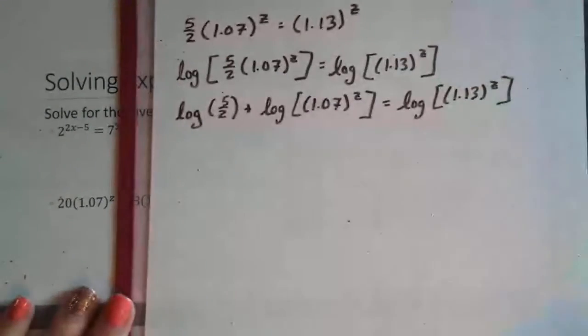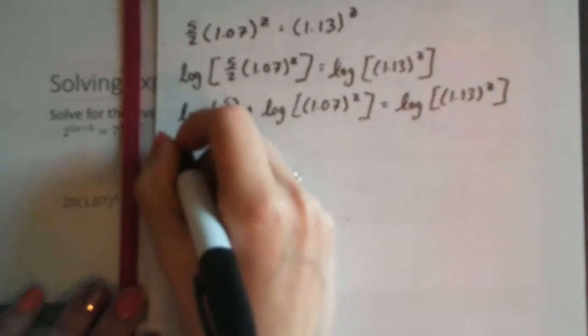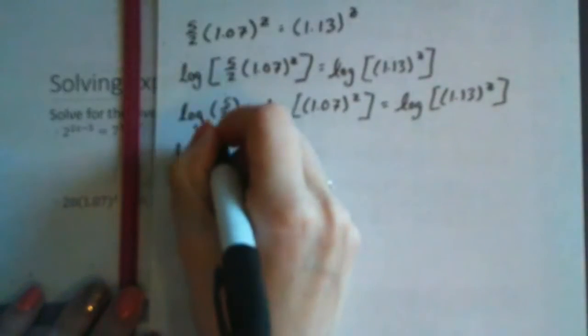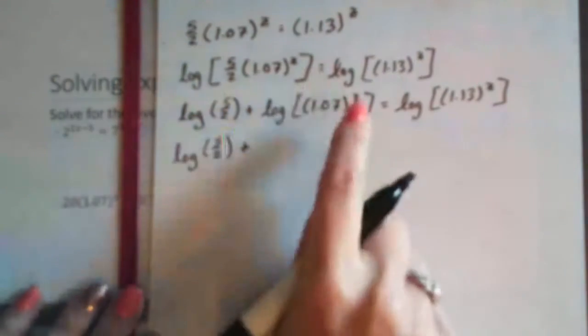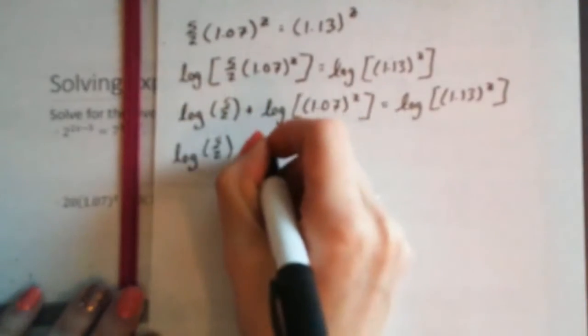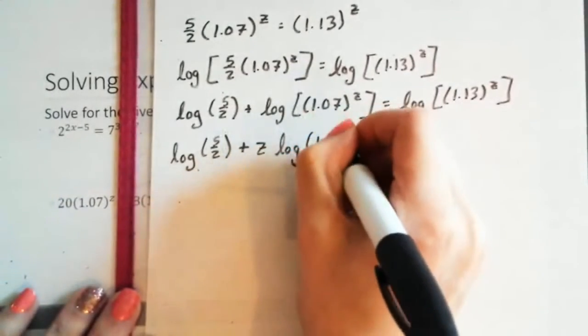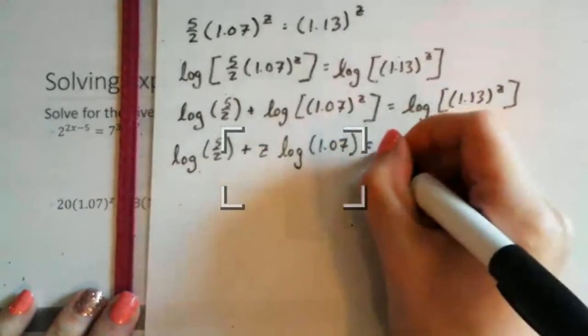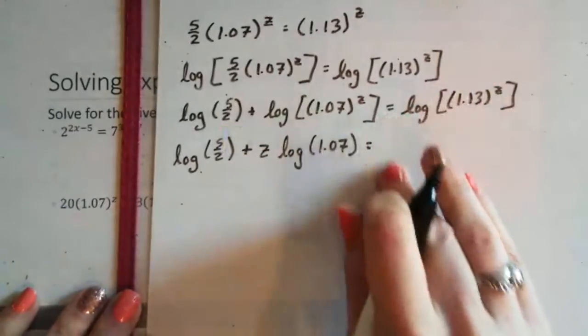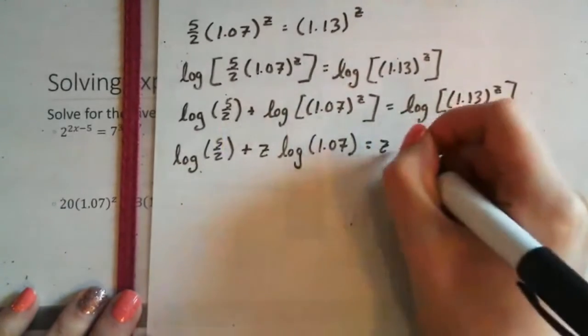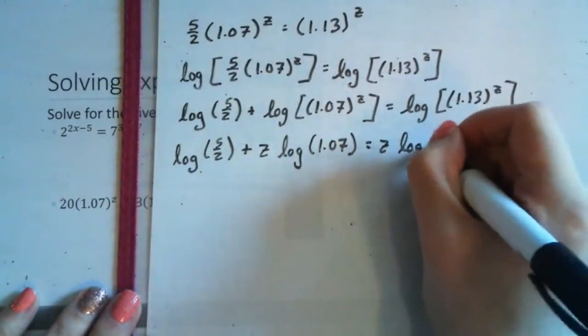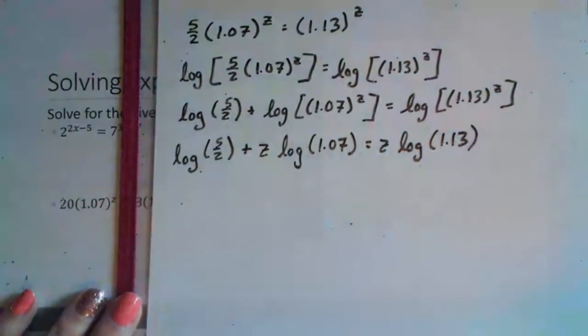Now I can take my exponents out front. So this log of 5 halves isn't changing. Plus, I'm going to bring my z out front. So we get z times the log of 1.07 is equal to the log, I'm bringing my z out front, z times the log of 1.13.